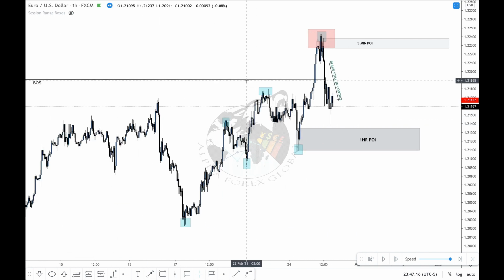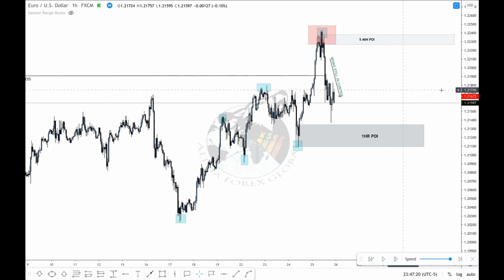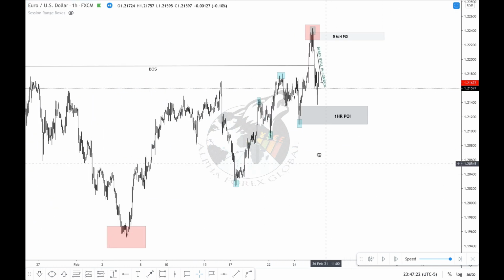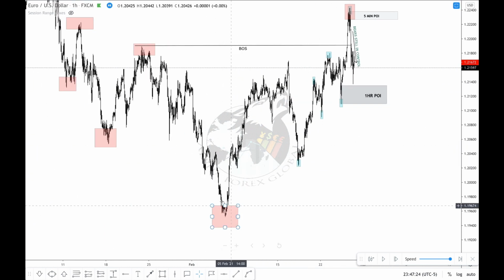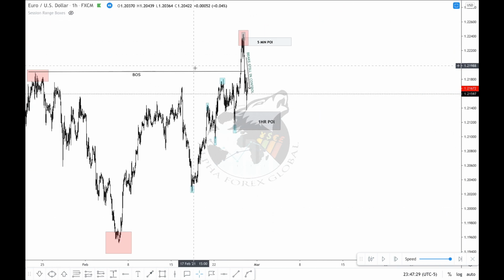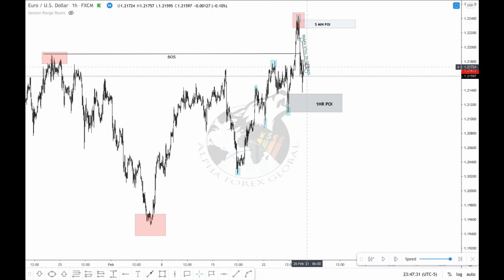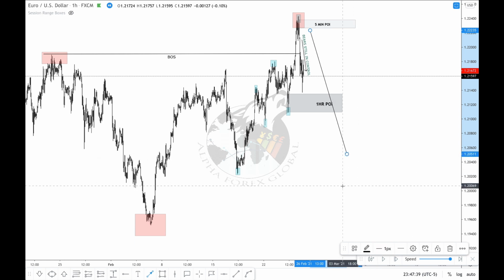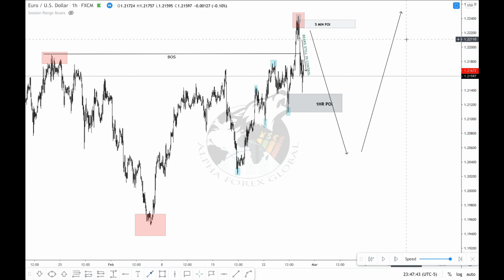So when that happens, we need to form new structure for the 4 hour time frame. When I say new structure, I mean that if this is the last low and we are going to go in an uptrend on the 4 hour time frame, we must create a higher low for that time frame. So I am figuring the market will most likely push from there to somewhere here, or further down, maybe here, and then push back up to create that new high on the 4 hour time frame.